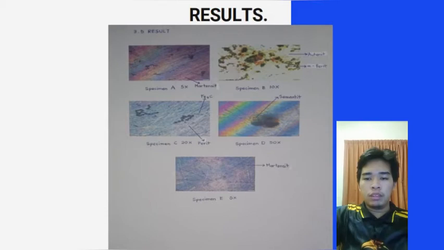For specimen B, the pearlite phase and alpha ferrite phase are present. For specimen C, 2 phases are present, which are cementite phase and ferrite phase. For specimen D, only cementite phase is present.